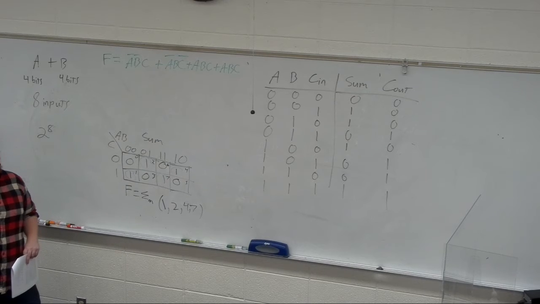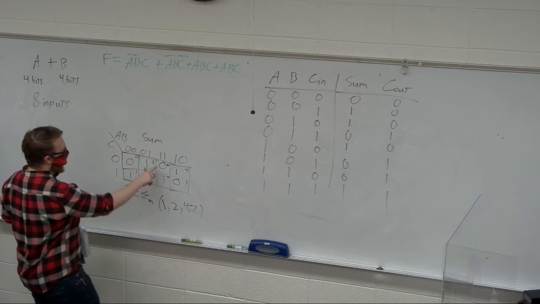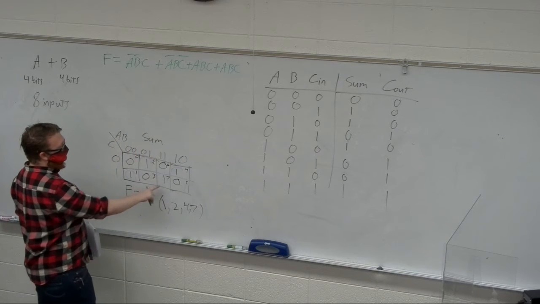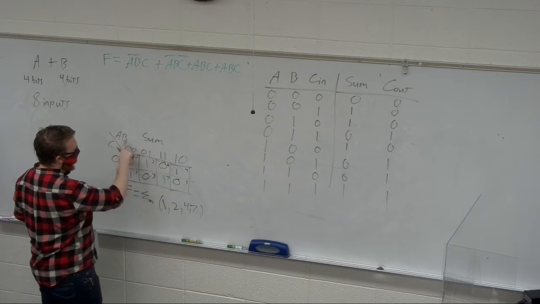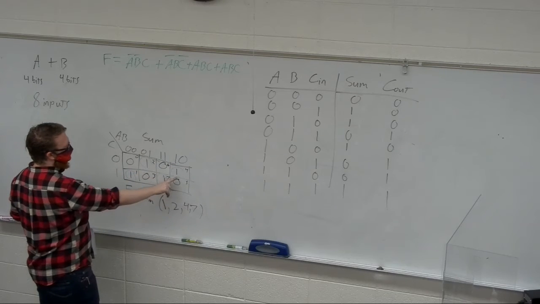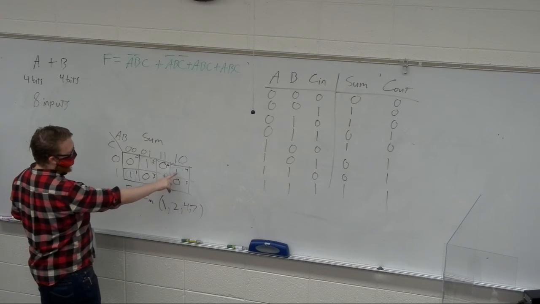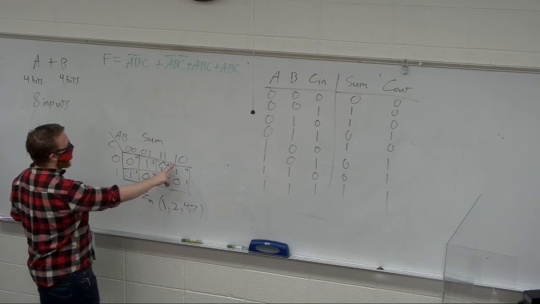Do we get where I'm getting these bars from? Is anybody confused? Because this is important. All good? Okay. 1, 1, 1, nothing is barred on that one. And then finally, term 4 is going to be A is 1, B is 0, C is 0. So the only thing that doesn't get a bar is A, right?